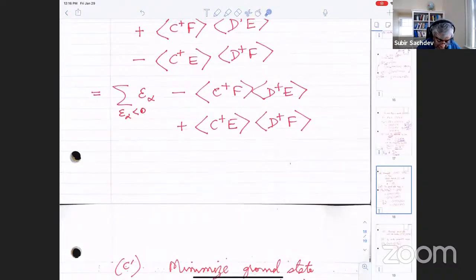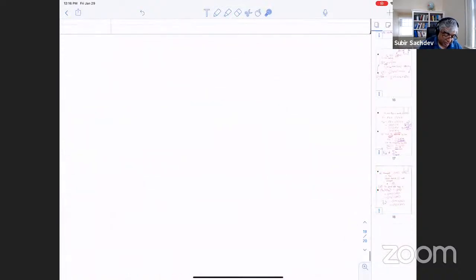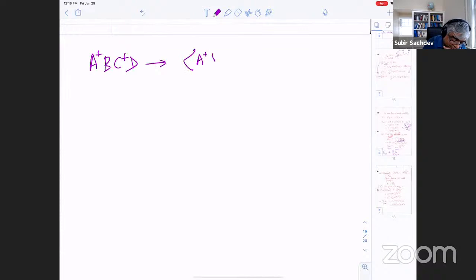Okay, so really another simple way to say it is, sometimes it's useful to just keep track of this right at the very beginning. So if you have some operator A dagger B, C dagger D, well, if you replace it by expectation value of A dagger B times C dagger D, plus, let me do it correctly because there are some subtleties here.